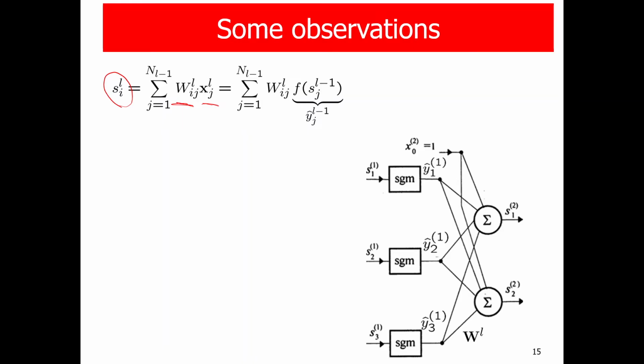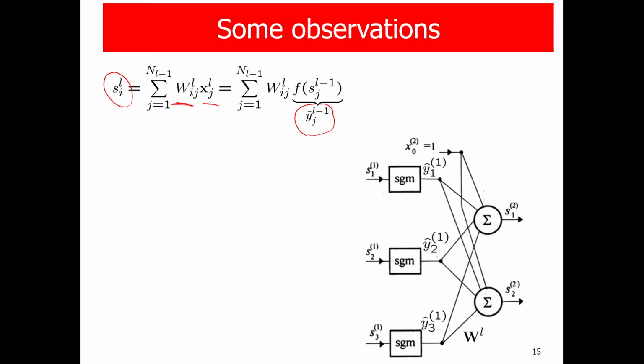By definition, x_{l,j} quantities are the inputs of the neurons on layer l, and it is the same as the output of the j-th neuron on layer l-1, which is ŷ_{l-1,j}.